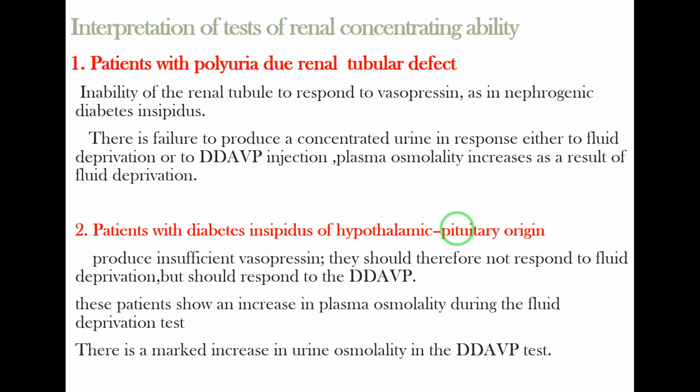But when we give him the DDAVP, the vasopressin, we will find that the urine osmolality will increase. This is how we differentiate between them, in the DDAVP test.